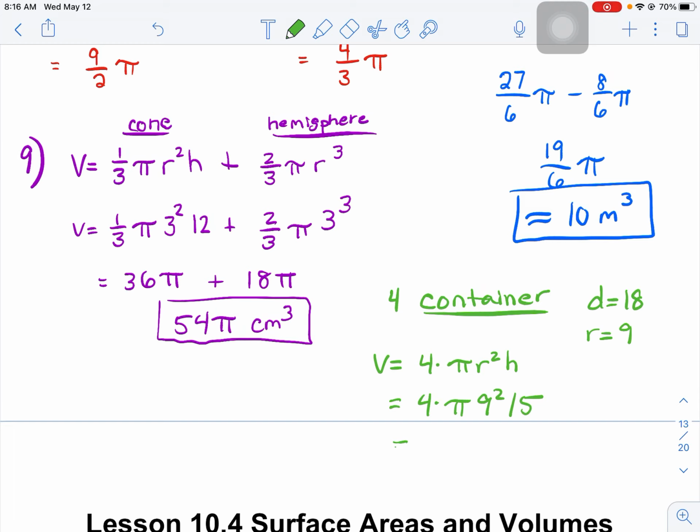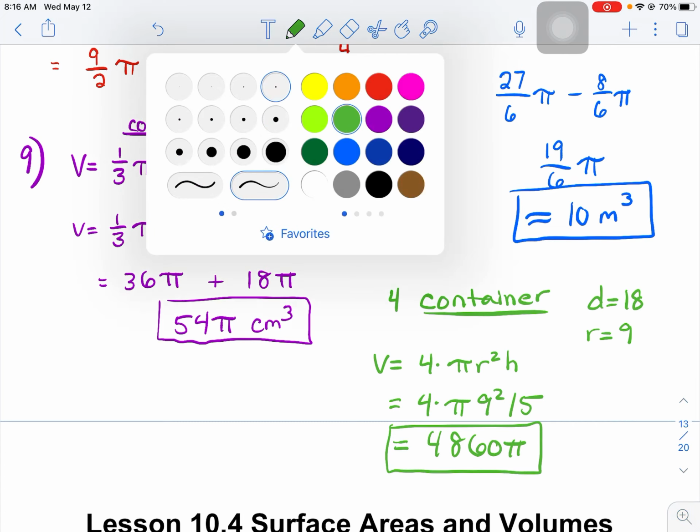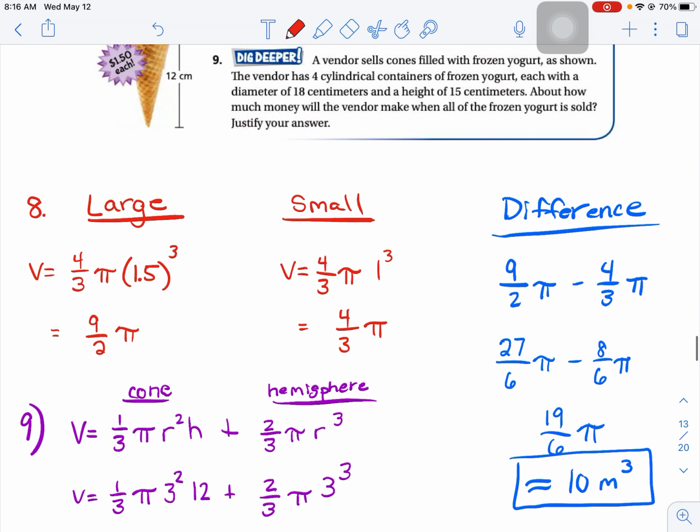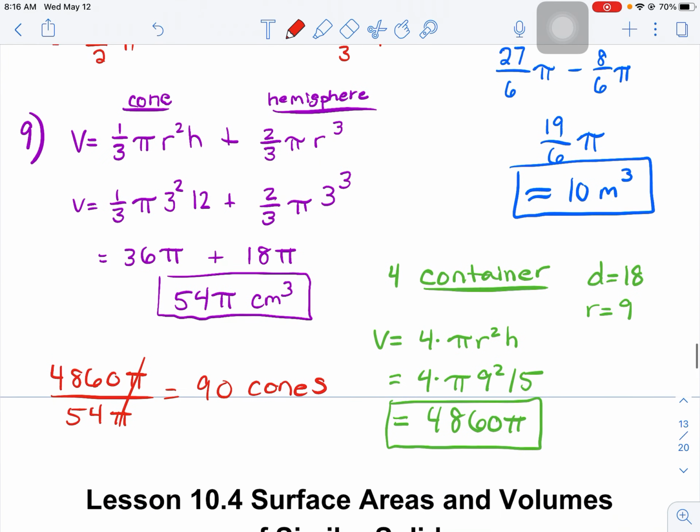If we calculate that, we end up with 4,860 pi. Then what we have to do with those two answers to figure out how much we would get is divide, which ends up giving us 90 cones. Each cone costs $1.50, so 90 times $1.50 means we would end up making $135.